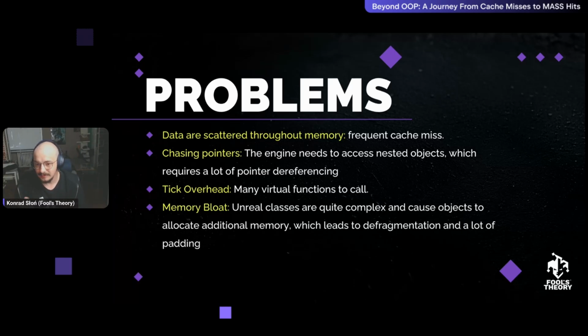They are pointing to different places in memory, so we need to jump from place to place, like I said before. Tick overhead: this is more of an engine thing, where we have a lot of virtual calls because of inheritance, and this is how object-oriented stuff works. And also we have some memory bloat, because when we are creating a new object or actor in Unreal, we are not creating only the stuff you want to use. Even if your actor, for example, has 2 variables you want to use, it will be allocated much more memory that is useful to the engine to work.